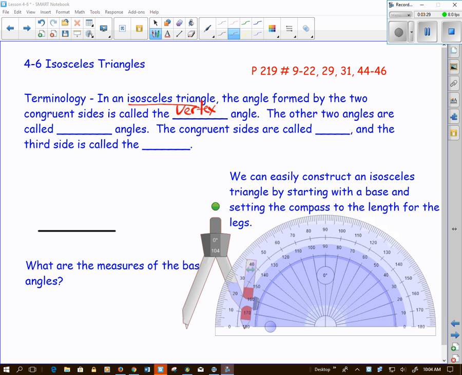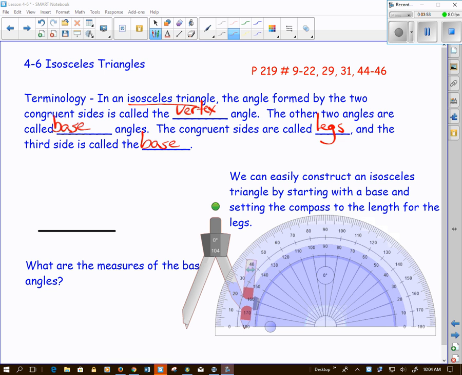The angle formed by the two congruent sides is called the vertex angle. So where those two congruent sides come together is the vertex angle. The other two angles are called the base angles. The congruent sides are called legs. And the third side is called the base.